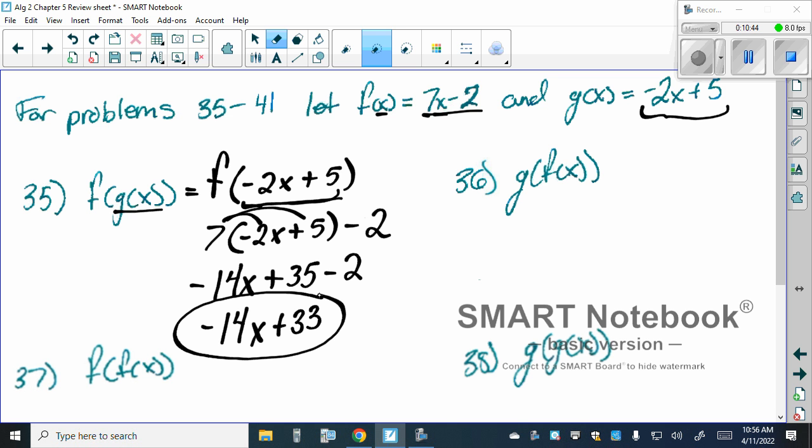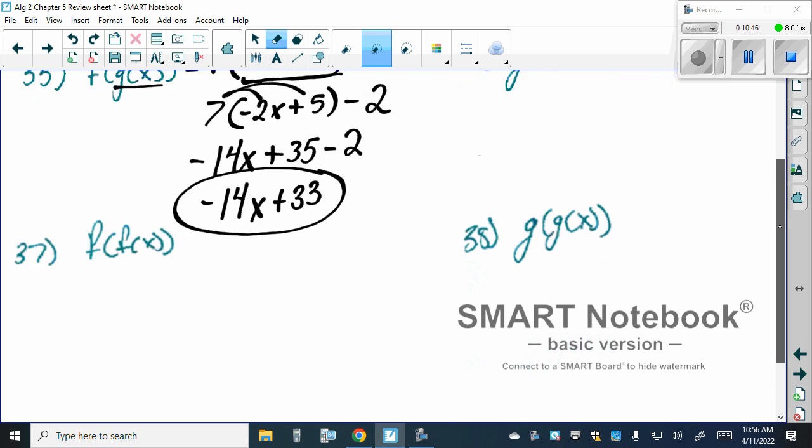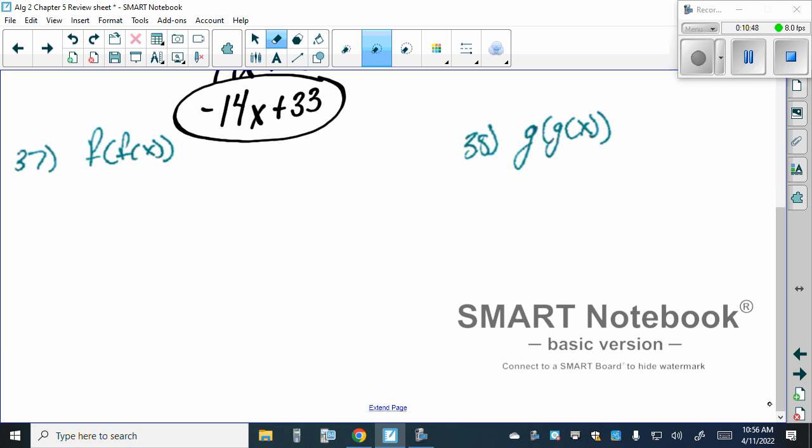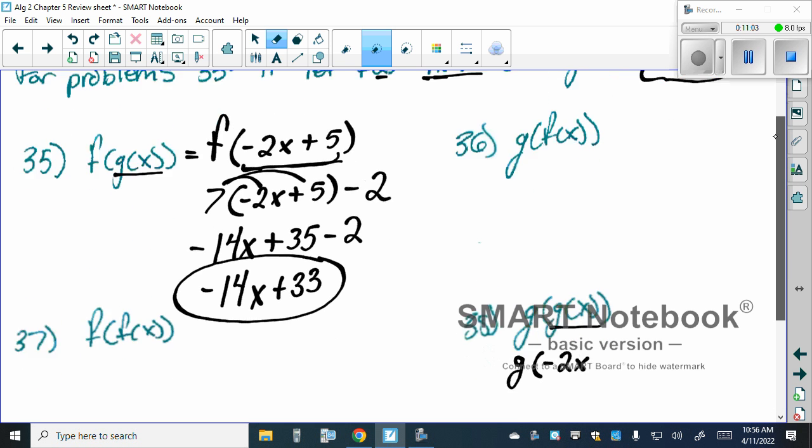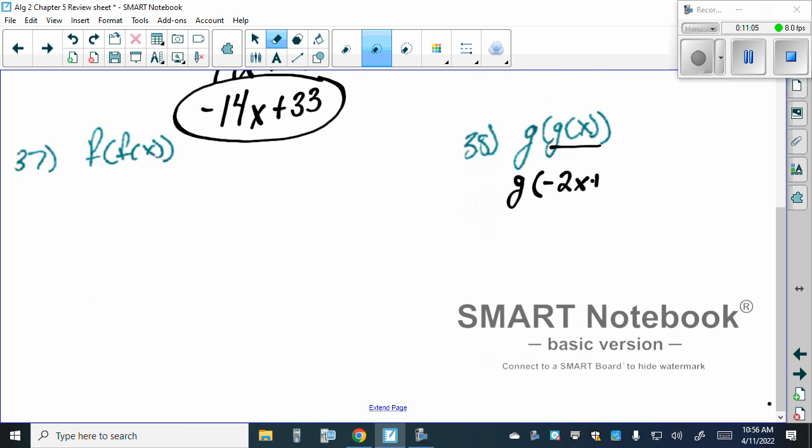38. G of x. Now, just like with the one we did before, we're going to start inside out. So we'll start with g of x. Now, g of x in our case is negative 2x plus 5, I believe. So we're going to replace g of x with its function, negative 2x plus 5.